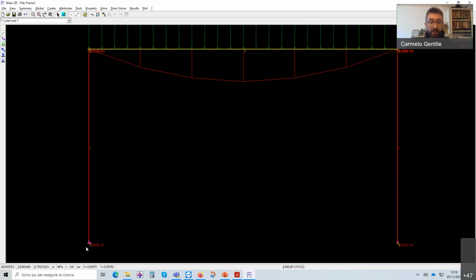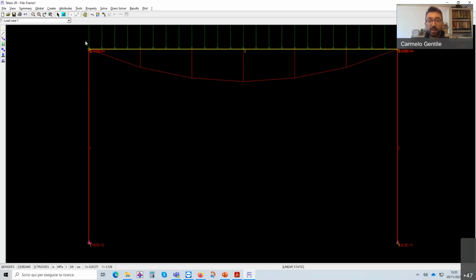Because if we had any transmission of bending moment from this element to this other element, then if we have no applied load, this bending moment will transfer here, but here we have a hinge.